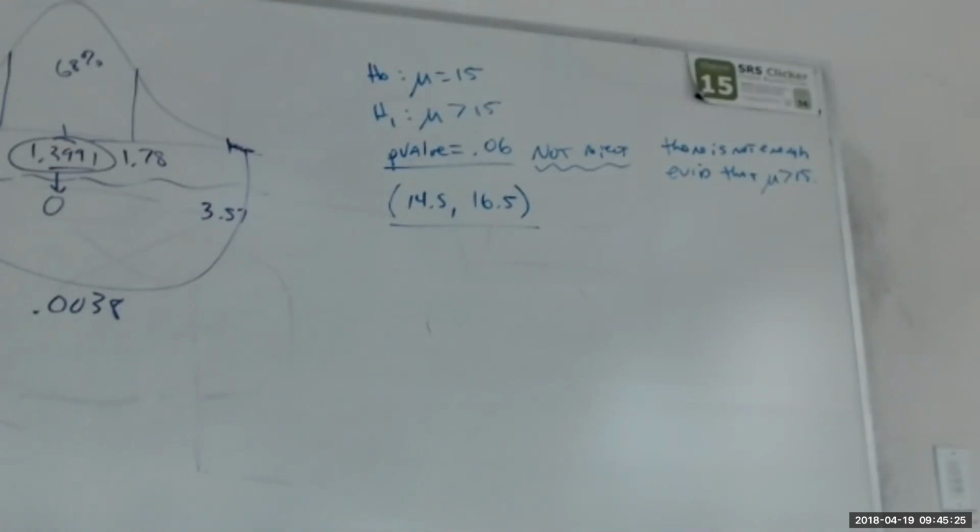Does my confidence interval show significance? Should we vote? Who says yes? 1, 2, 3, 4. Who says no? 1, 2, 3, 4, 5. Did you vote twice? No. 6. Okay. Why do you say, let's go with Adam.